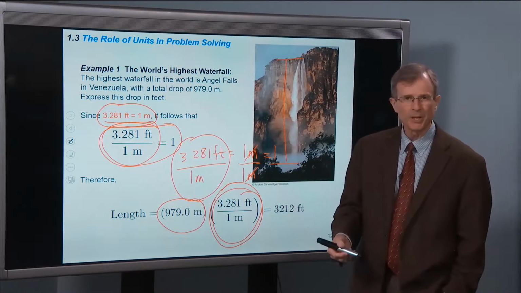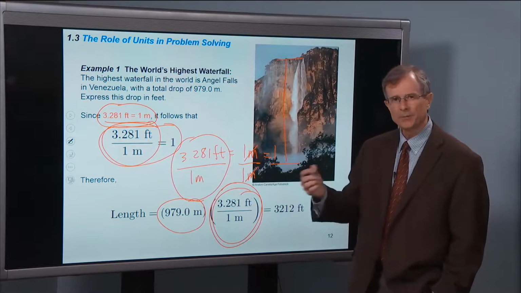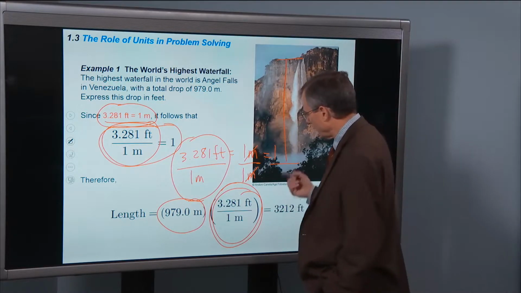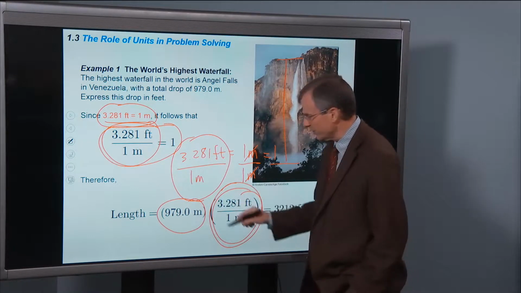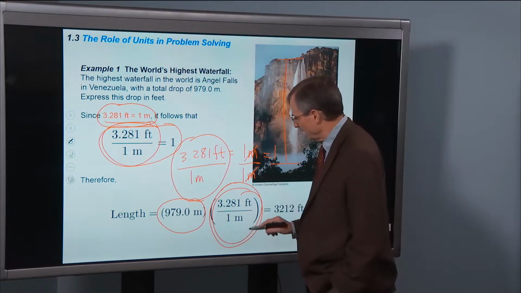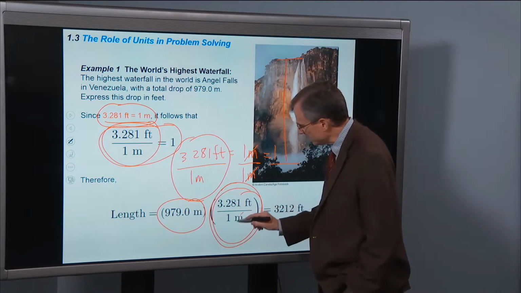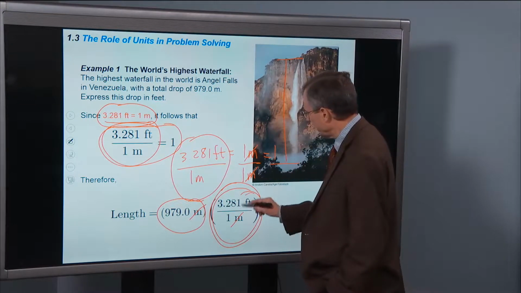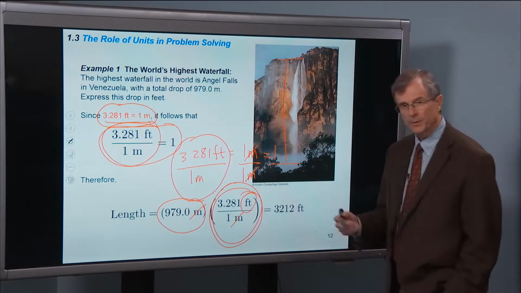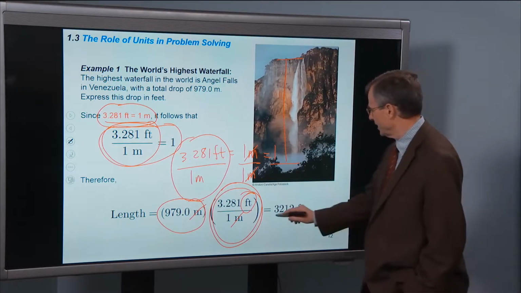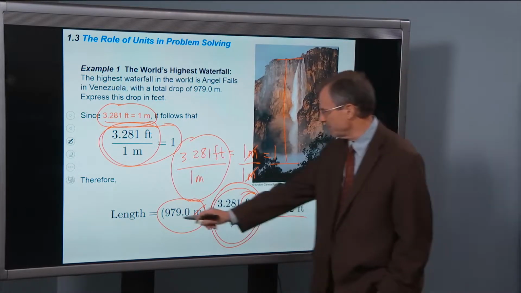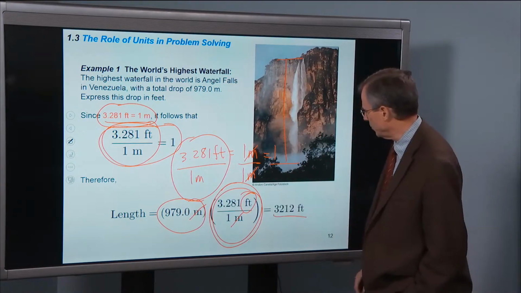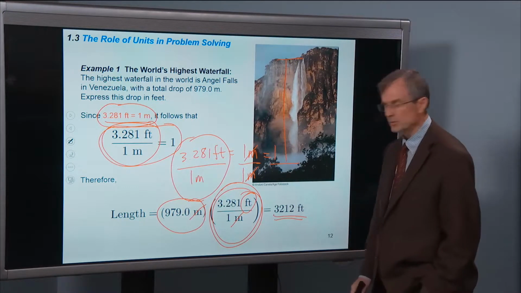You're actually just multiplying by 1, which allows you to convert the units. Well, now, have I put this conversion factor in correctly? And the answer is yes, because I can see that this meter cancels this meter, and I'm left with the unit of feet left over. So just do the multiply 979 by 3.281, and you get 3,212 feet.